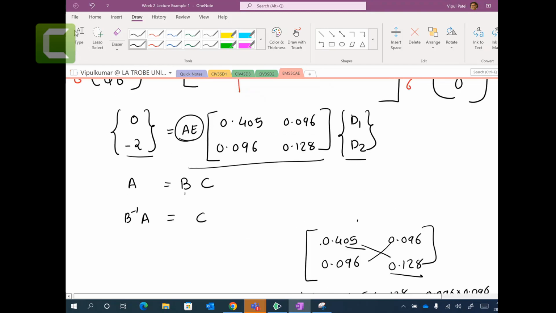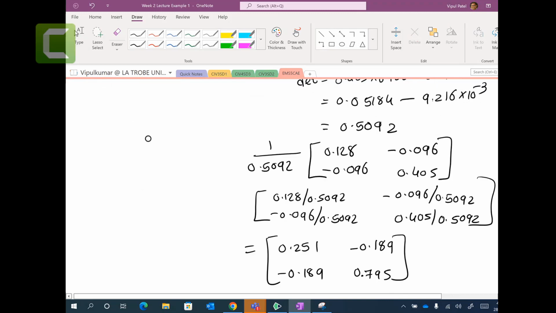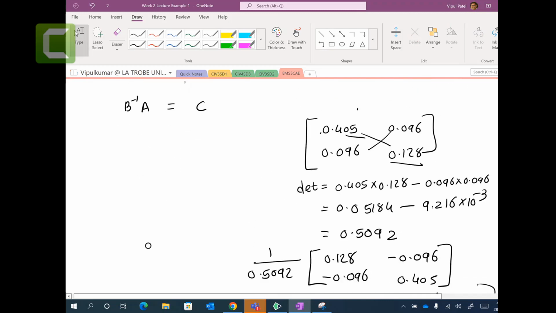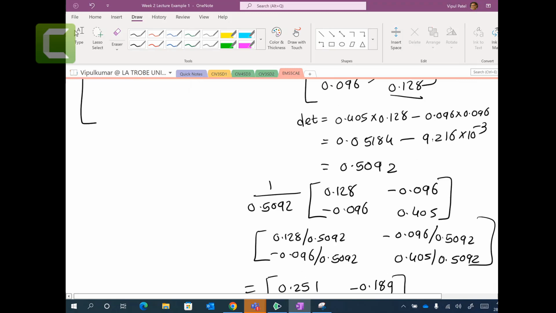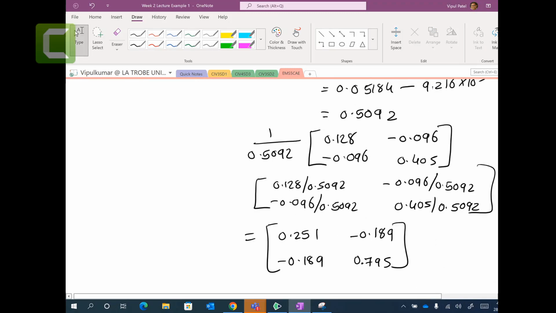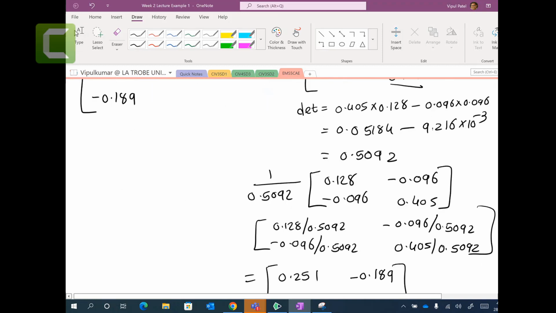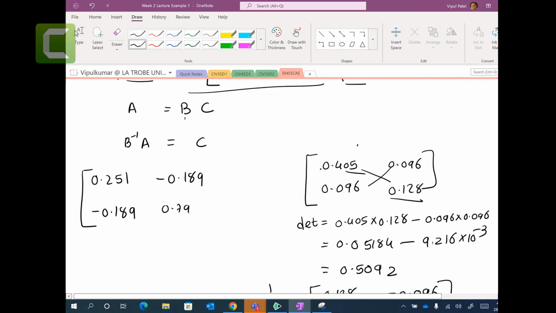And if you multiply that inverse by these ones, you will get the answer. So let me multiply. Here you have 0.251, minus 0.189, minus 0.189 and 0.795, and you have 0, minus 2.